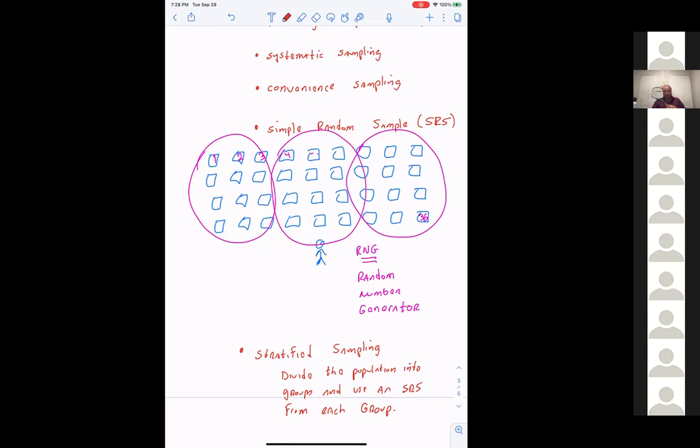Anyone think of another one? Would gender work? Gender, if you feel that putting everyone together, males and females, biologically at least, will somehow confound your data and you want to keep them separate. So you put them into groups, what are called strata, and then take a sample from each group. Maybe I want to do it by country or by state or by county or by voting district or by continent.